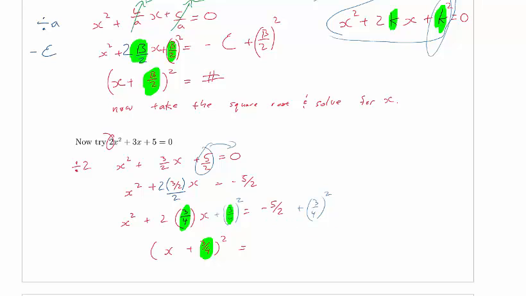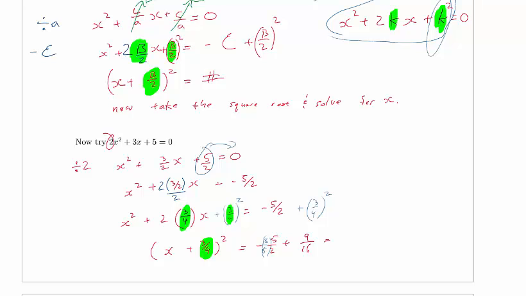We've got negative 5/2 plus 9/16. And then we need to go ahead and get a common denominator here. So we have an 8 over 8 to get these the same.